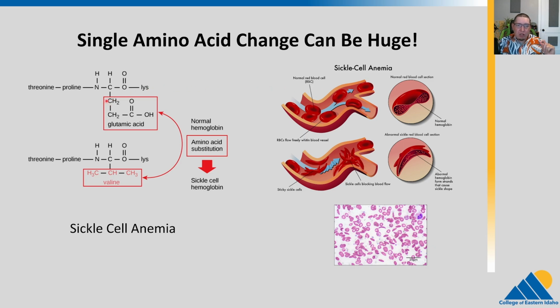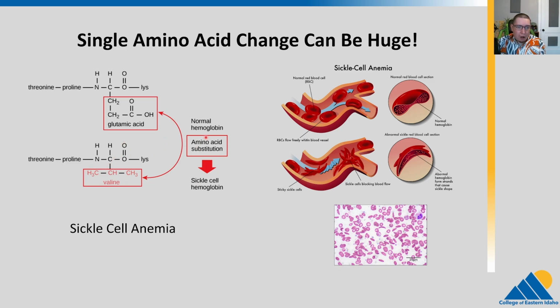If there is a mutation that changes this sequence, and instead it goes threonine, proline, valine, lysine, see how this is different shaped? This one's pretty big, this one's smaller here. That leads to downstream changes in the protein itself.